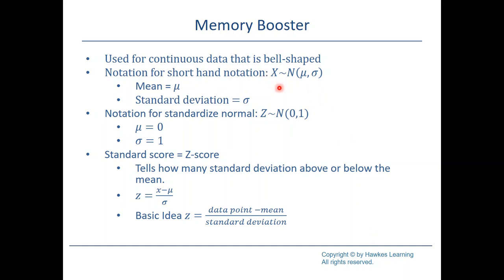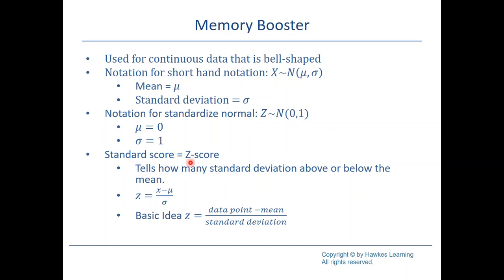Remind yourself that the data value is normalized with a mean and standard deviation. If you have a standard normal, we switch to a z versus an x variable. We switch to z's when we know it's standardized. It's still normally distributed, but the mean and standard deviation are given to me.